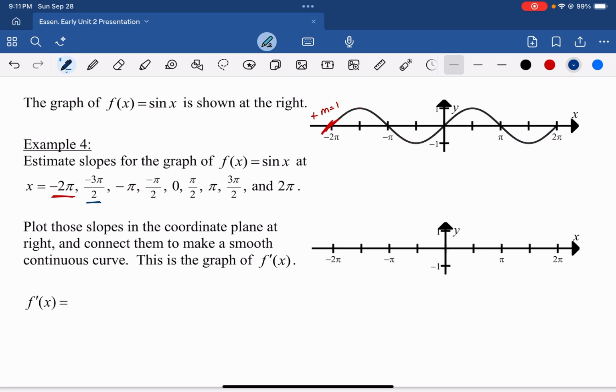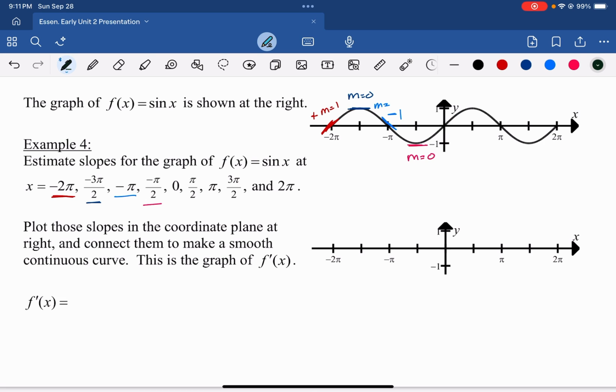Next, negative 3 pi halves. That is a horizontal tangent line, so that slope is 0. Next at negative pi, that slope is negative, and it's going to be negative 1. At negative pi halves, our slope again is 0.